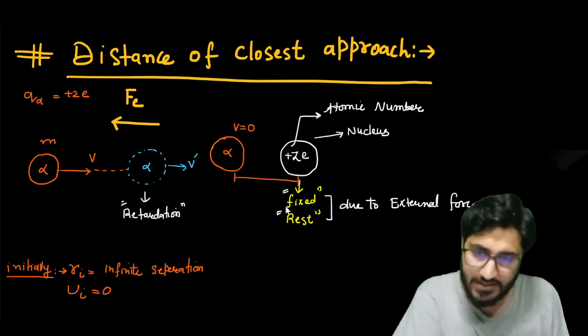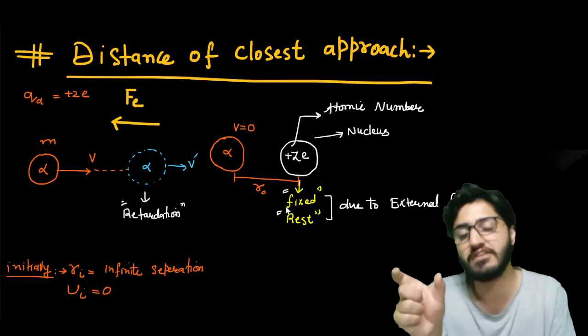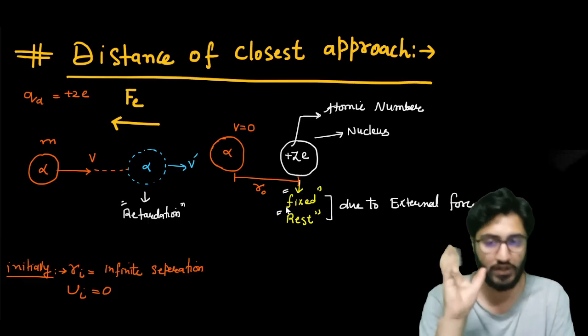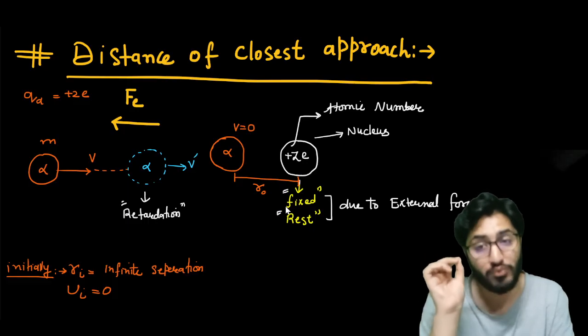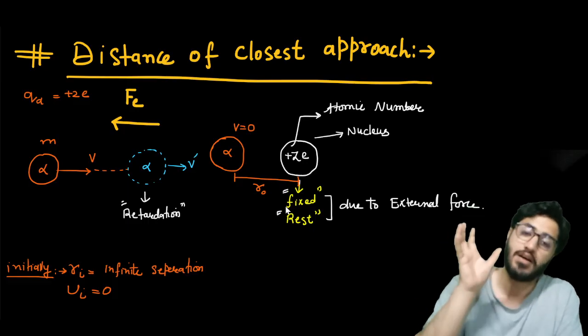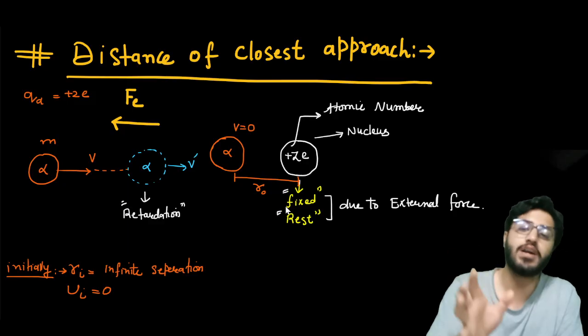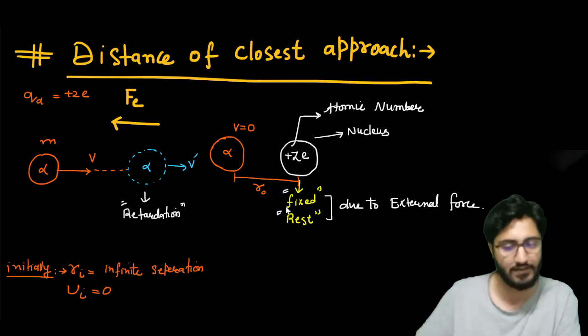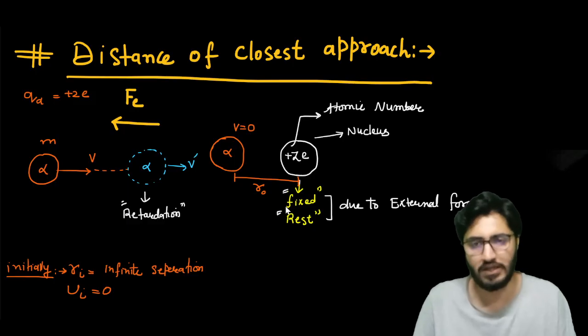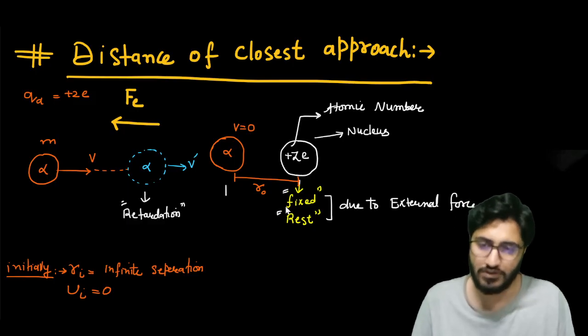When my particle reaches this position, its velocity becomes zero, because as it comes towards Ze the magnitude of the repulsive force increases. This minimum distance between the alpha particle and the nucleus is known as the distance of closest approach. Beyond this point the alpha particle won't go; it will go back.